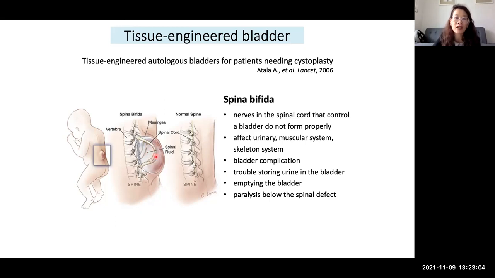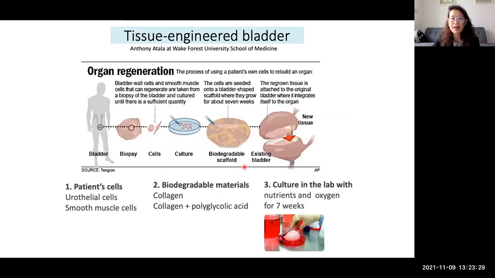So she lost control of the lower part of the body, including the bladder. So she cannot empty her bladder, and cannot control when to stop, so there's a leaking problem going on here.